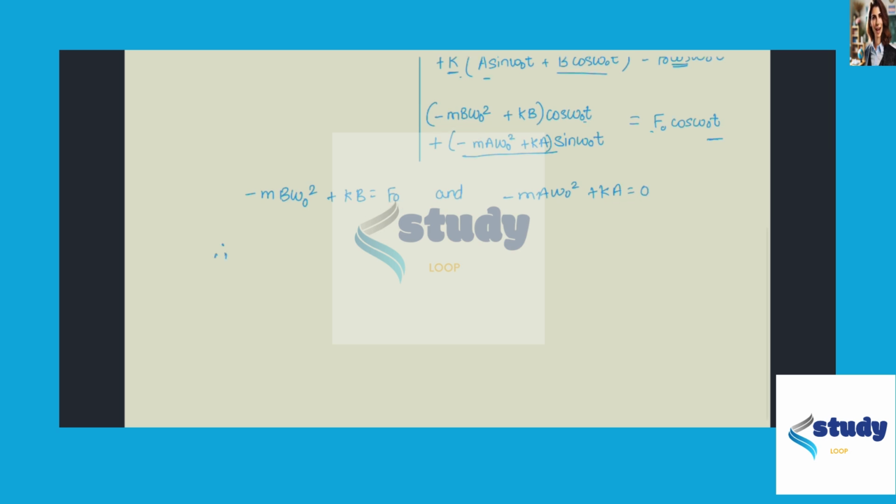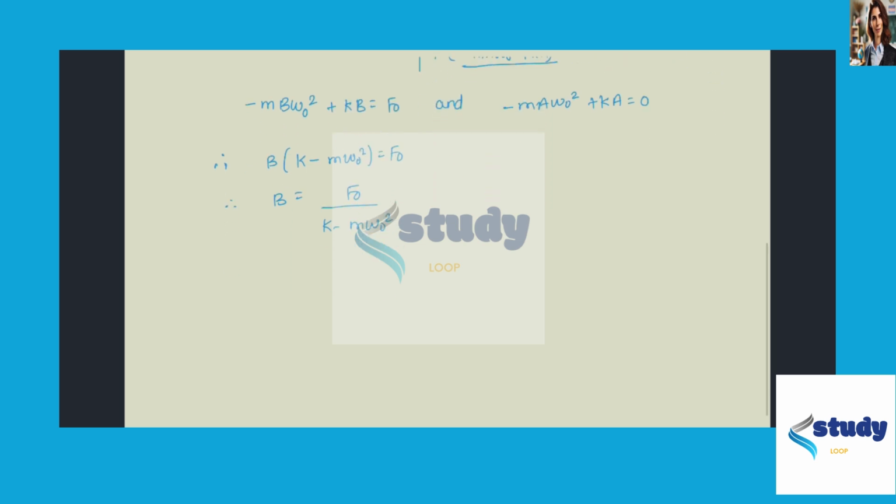Solving this, if we take b common, we get k minus m omega naught square times b is f naught, and therefore b is f naught over k minus m omega naught square.